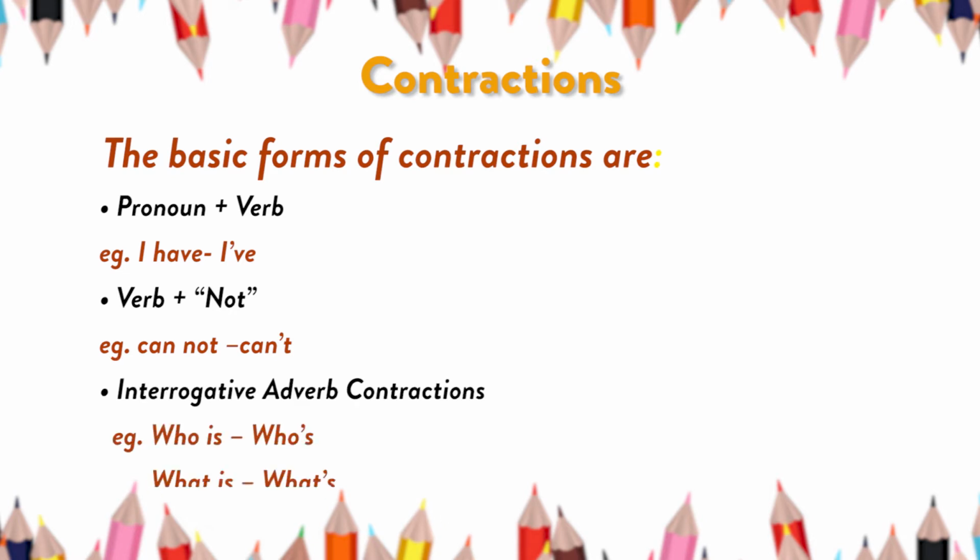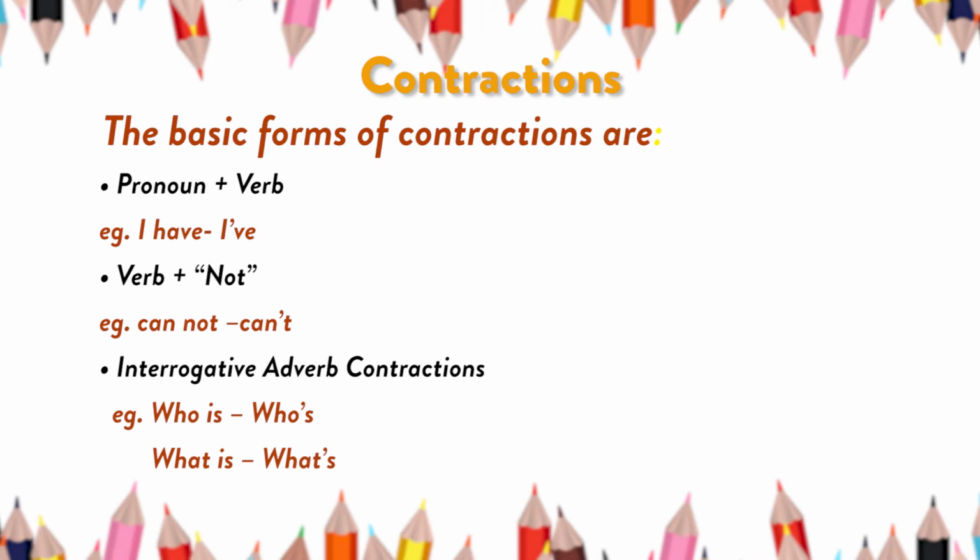And then we have interrogative adverb contractions. Now you would remember that the word interrogative is related to question. So interrogative being a question, the words therefore are implying we are asking a question.